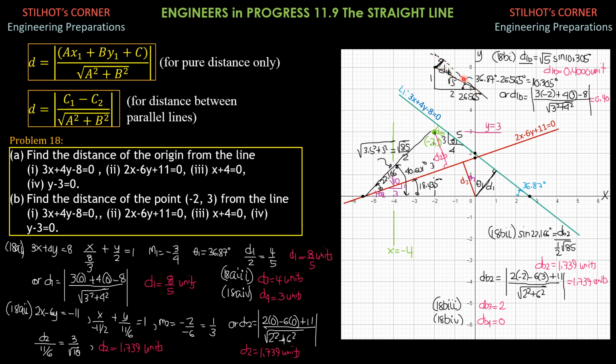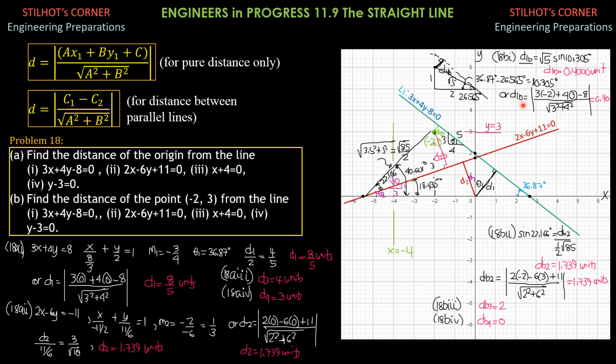The measure of this small angle here is 36.87 degrees minus 26.565 degrees, and that's 10.305 degrees. Therefore, distance B is hypotenuse square root of 5 times sine of 10.305 degrees, and that is 0.4 unit.